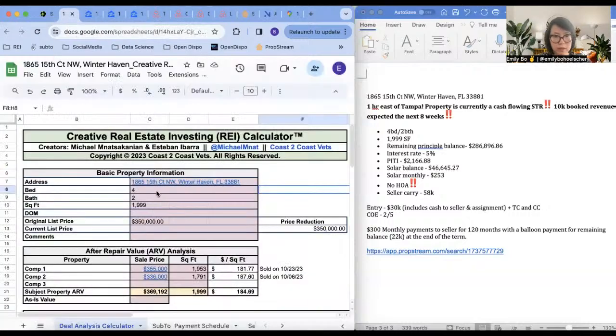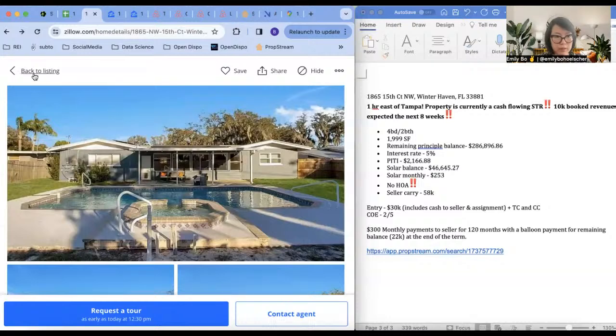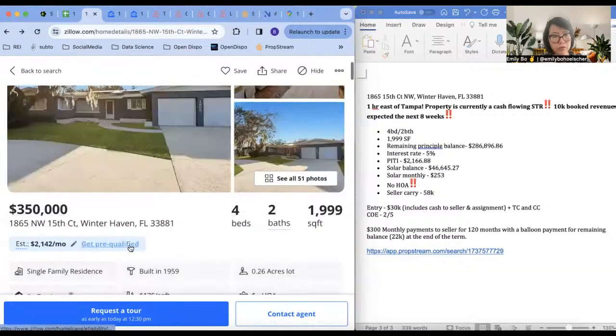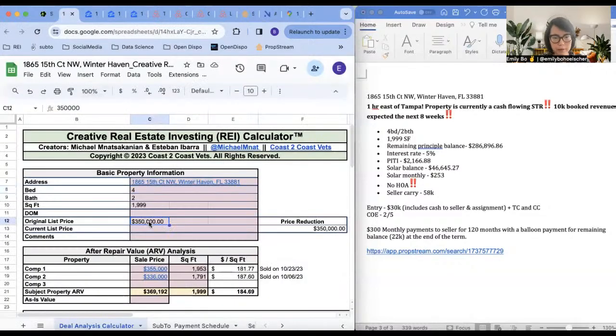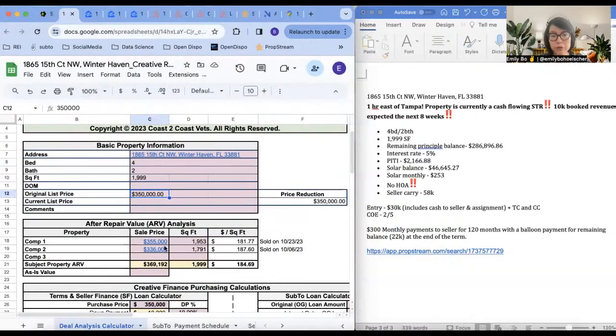It's good. So this is a 4-bedroom, 2-bathroom, 1,999 square feet. And from Zillow, it shows that it's $350,000. So this is the price I put here. And I found two comps. I'm not going to walk through the comps. They're pretty recent.